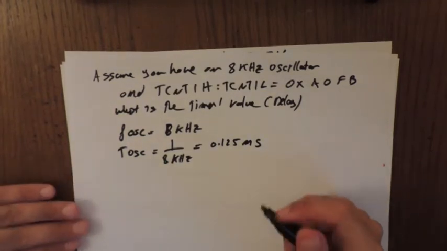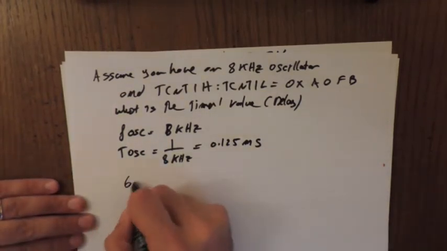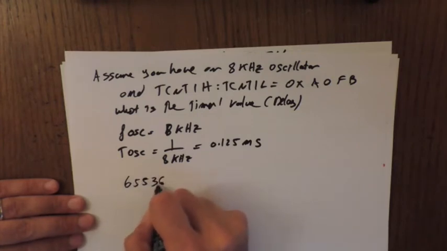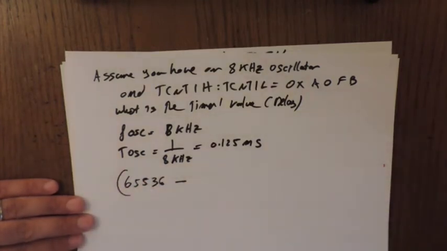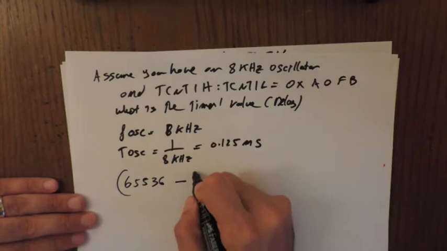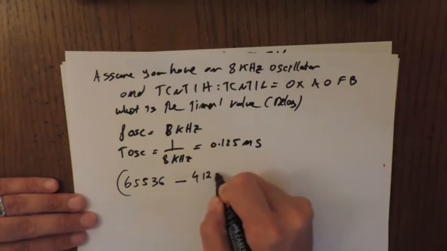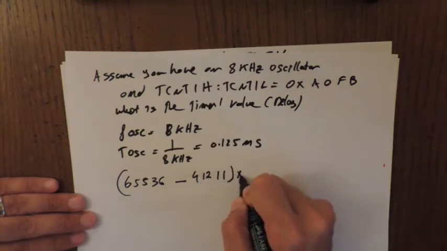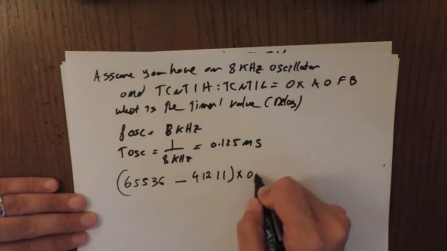Megahertz goes to microseconds. Then I will say, okay, I have 65536. It's very useful now to change this to decimal, and 0xA0FB in decimal will be 41211.